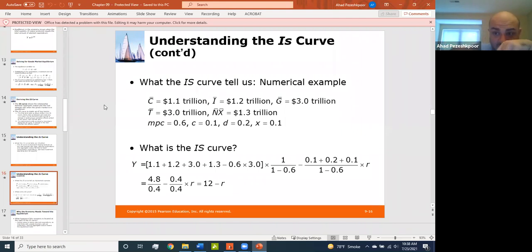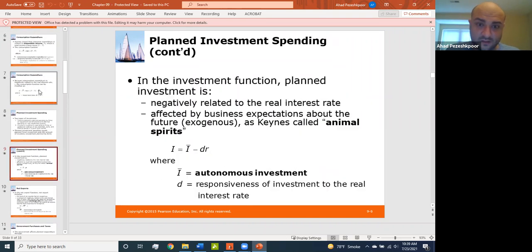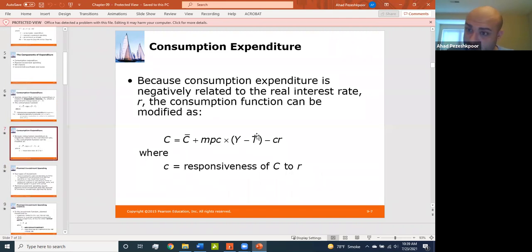A budget deficit means that the government now has to pay a lot of money just as interest because of all the loans it took. All that money will mean higher taxes. All that higher taxes will mean less disposable income. So we're back at the beginning. We're back here. Less consumption.